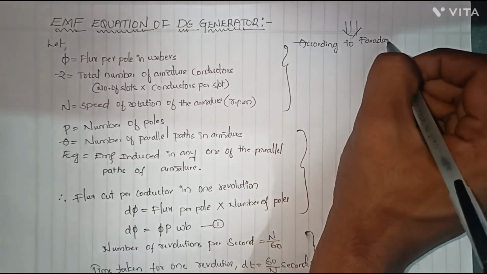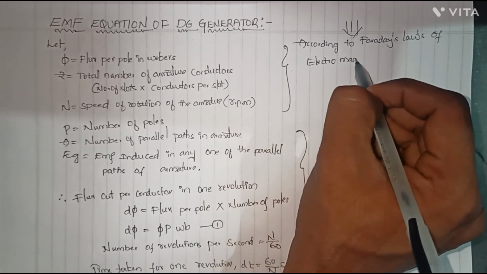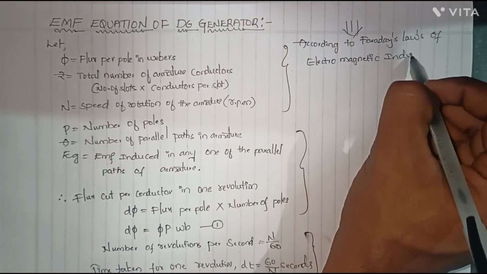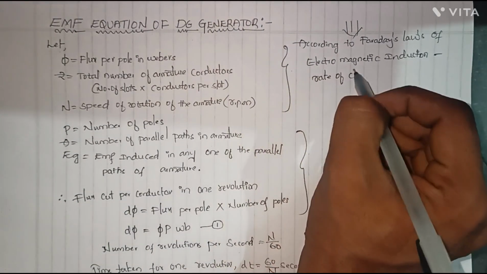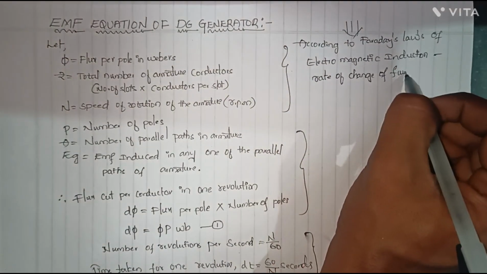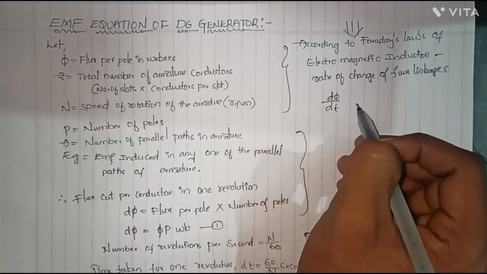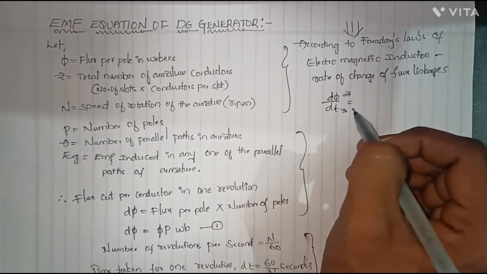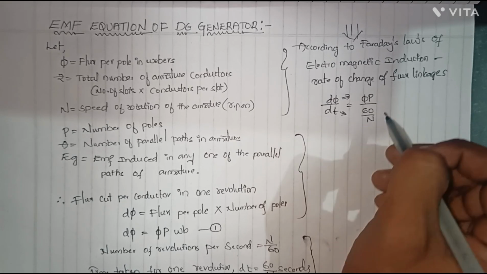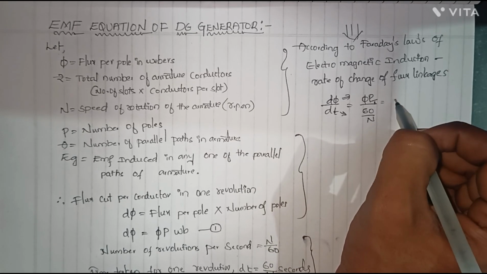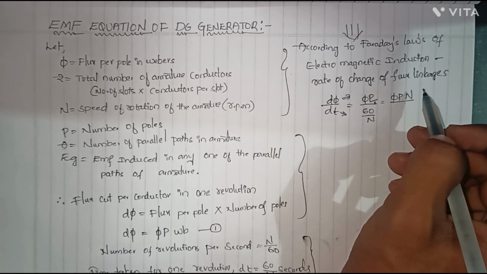According to Faraday's laws of electromagnetic induction, rate of change of flux linkages d phi by dt equals phi P by 60 by N, that is, phi P N divided by 60.